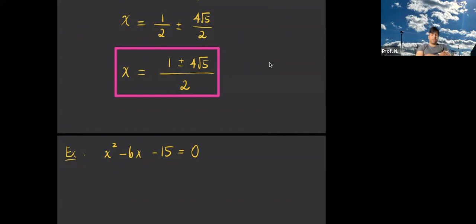If you go through the factors of 15, 1 and 15, 3 and 5, there's no way to get 6 between those factors. So this is not factorable. So we observe that we cannot use square roots, and we cannot factor the trinomial.